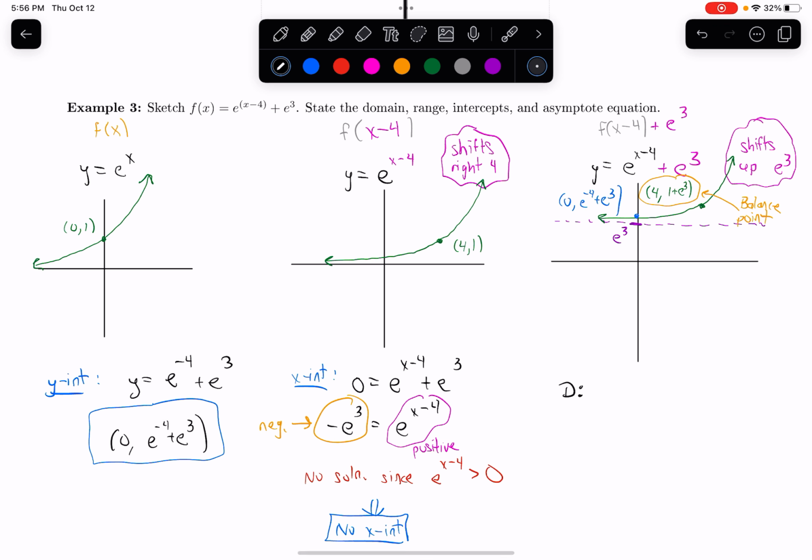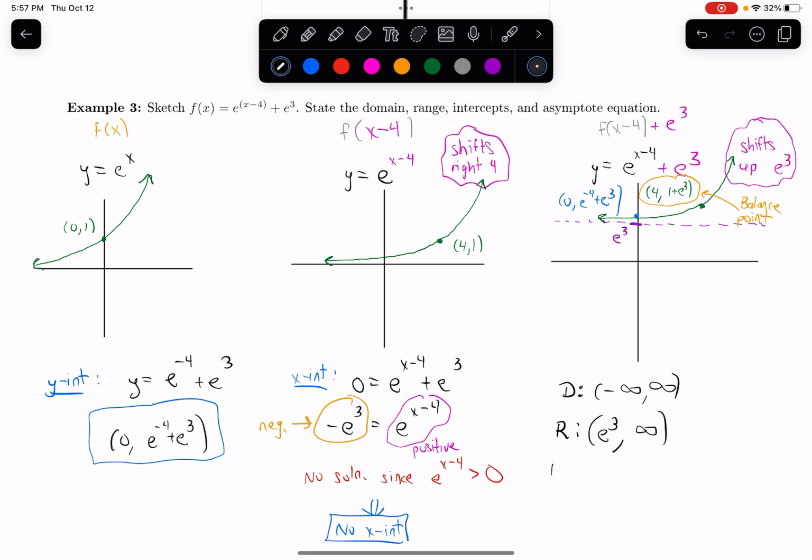So my domain, my x values, well, looking at the graph, x can be anything. So my domain is -infinity to +infinity. My range, my y values, well, the y values get really, really close to e to the 3, but they never reach e to the 3. I never touch that asymptote, so I'll put a parentheses there. But then they get bigger and bigger and bigger, so onwards to infinity.